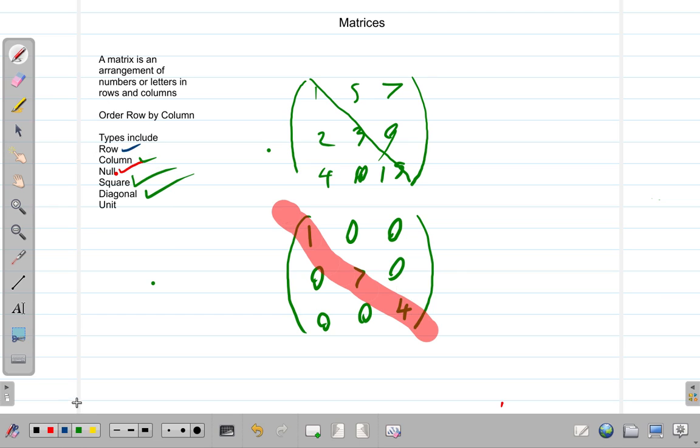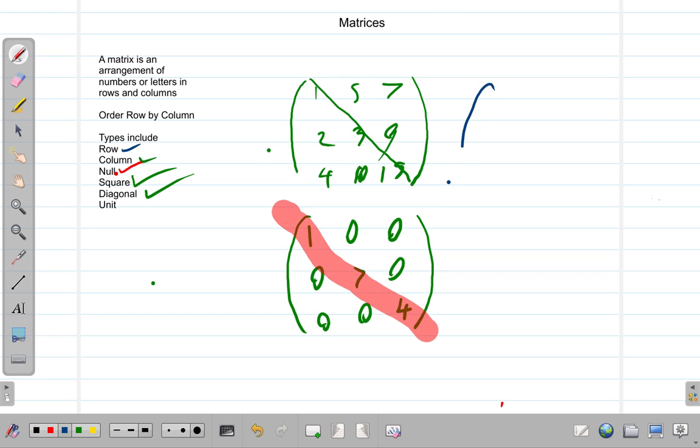The unit matrix, what is that? You remember that when you talk about unit, it means you talk about 1. Now the unit matrix is a diagonal matrix with the leading diagonal elements equal to 1.